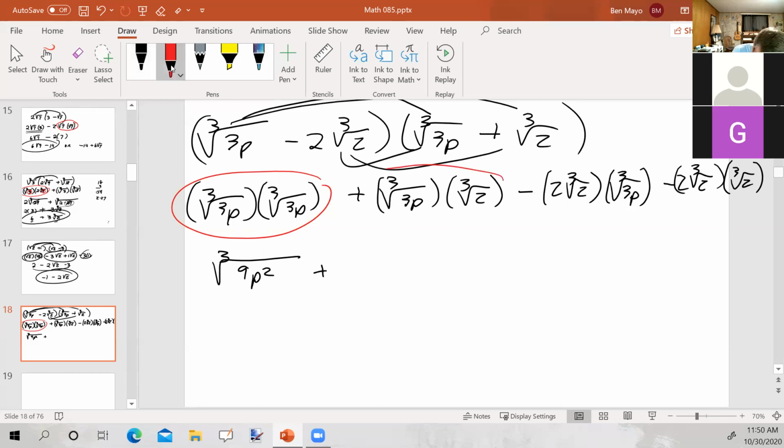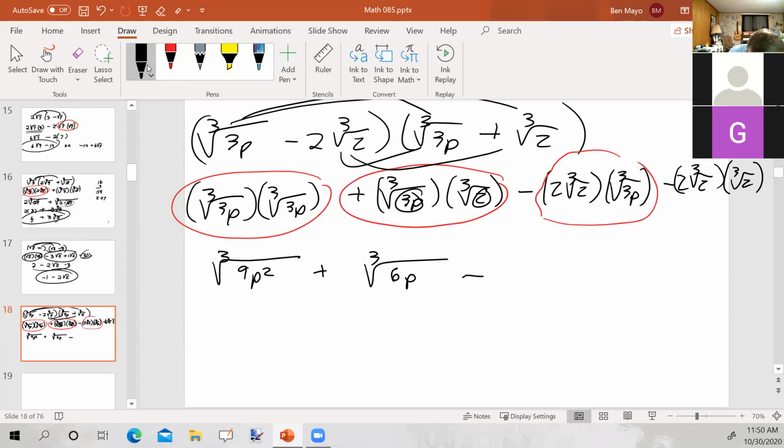Plus, that's going to be the cube root of 6p, 3p times 2. Yep. Minus 2 cube roots of 6p.